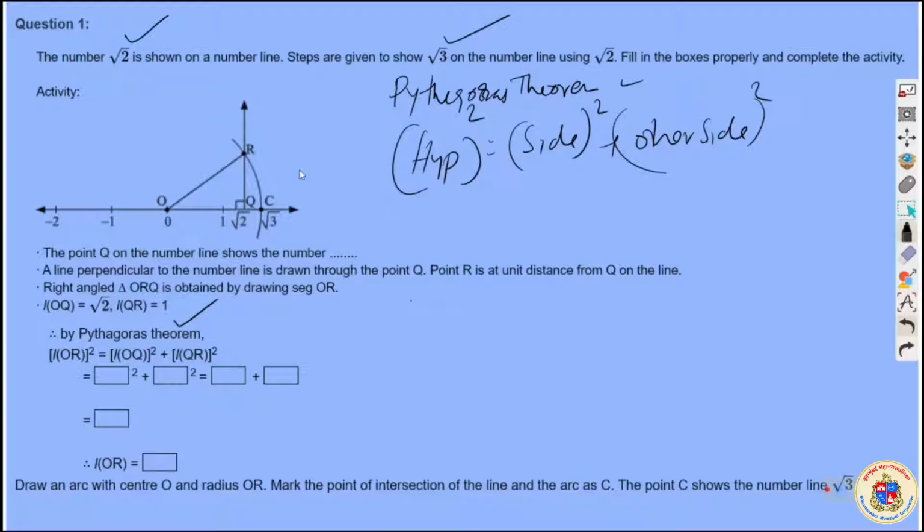We want root 2 on number line. Root 2 by value, if calculated, happens to be 1.414 and it is recurring non-terminating.